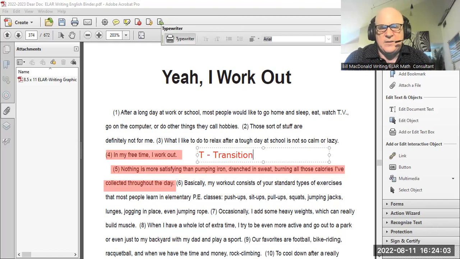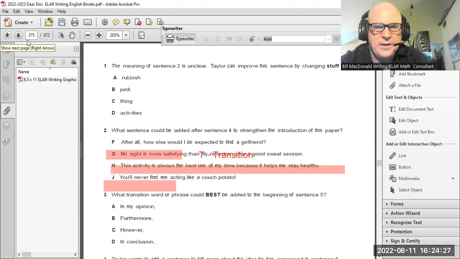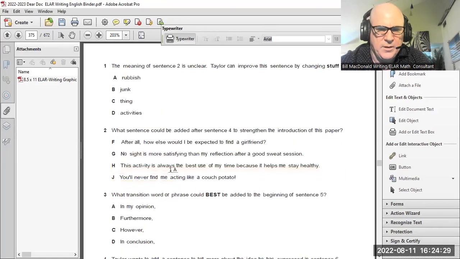Nothing is more satisfying than pumping iron, being drenched in sweat, and burning all those calories I've collected throughout the day. Since what we said was true, that they're starting a sentence with an opinion, then maybe you need a phrase or a word that allows you to let the reader know, hey, I'm about to give you an opinion.